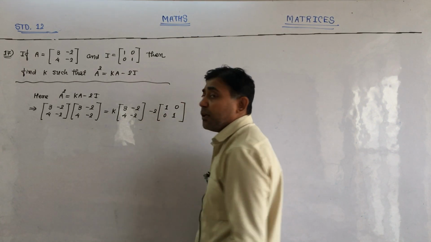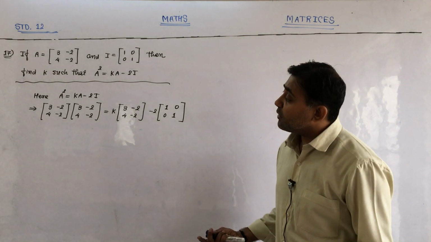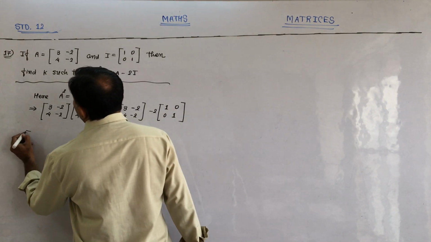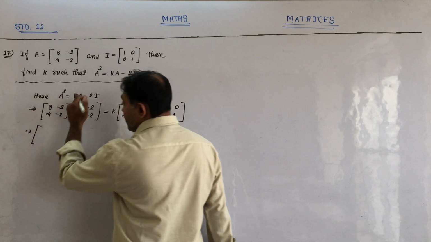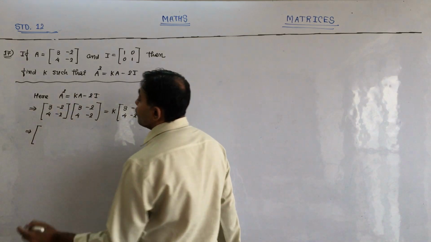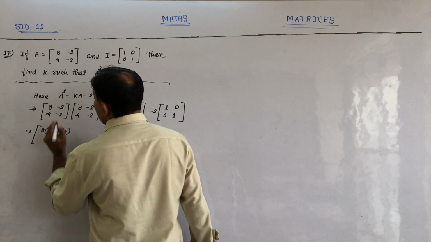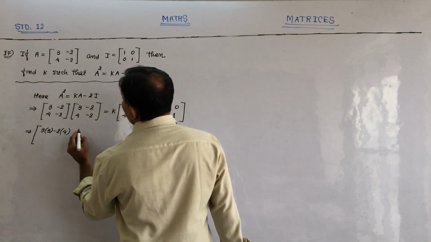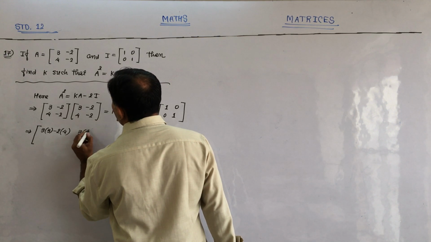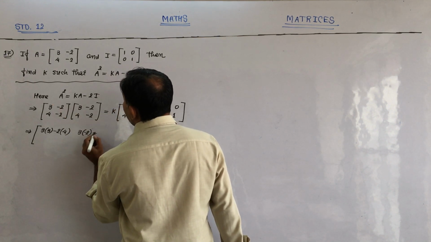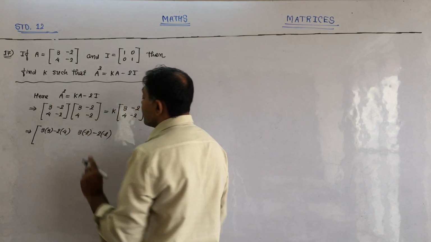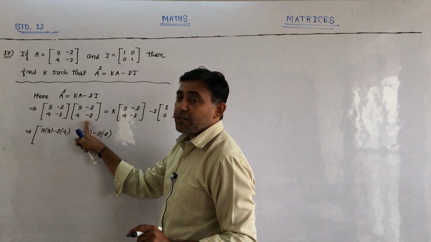This is the first step relative to it. Now you know that multiply these two matrices, first row first column. So 3 into 3 minus 2 into 4, actually plus but negative sign is there. First row second column, 3 into minus 2 minus 2 into minus 2, right?